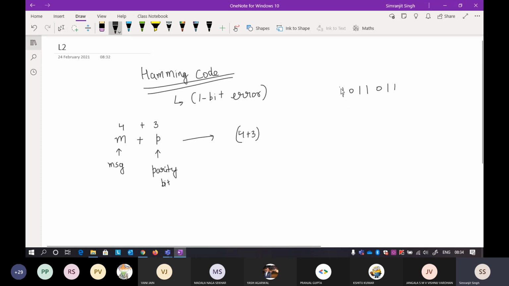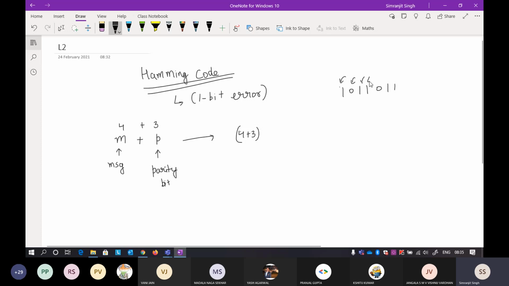Now what is the possibility, how many possible cases are there where there can be an error? I'm not calling it a probability, I will call it a possibility. So how many cases are there that there should be an error? The first case is that this bit can be an error bit, so while transmitting this 1 is converted to 0.